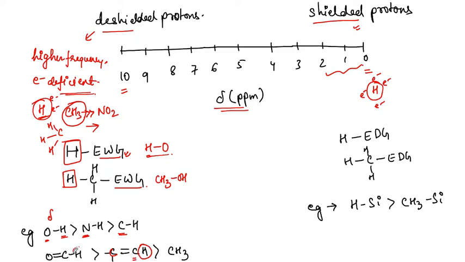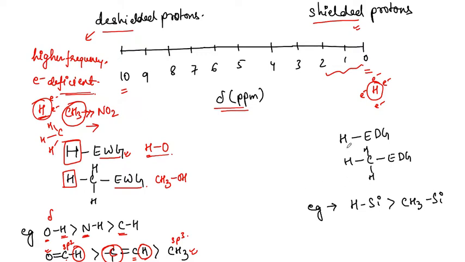However, if the proton is connected to an sp2 carbon which, rather than being connected to carbon, is connected to oxygen, it is going to have a much higher value as compared to our simple vinylic proton. And this is going to be much greater than our simple sp3 methyl proton. This is how we see the transition between the values, based on the groups which the proton is connected to.